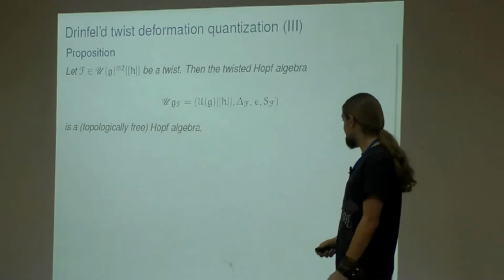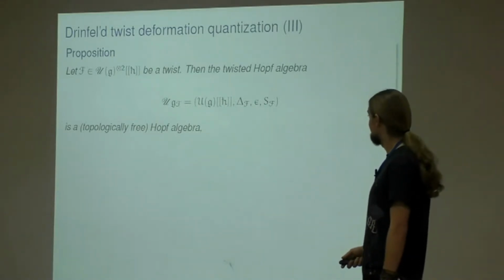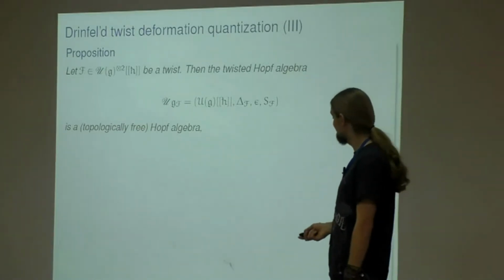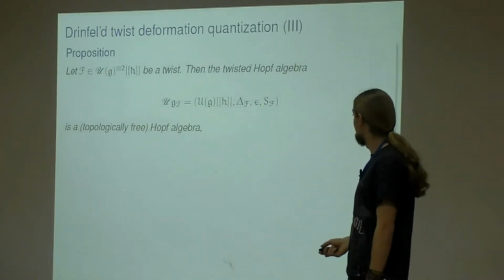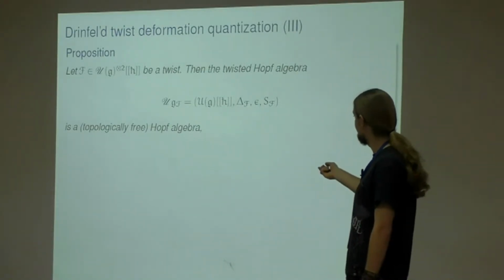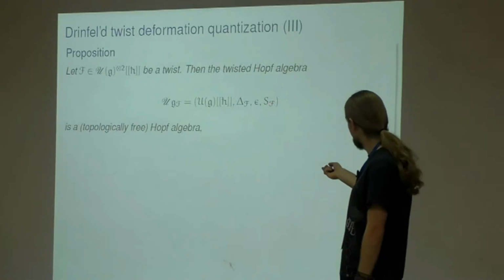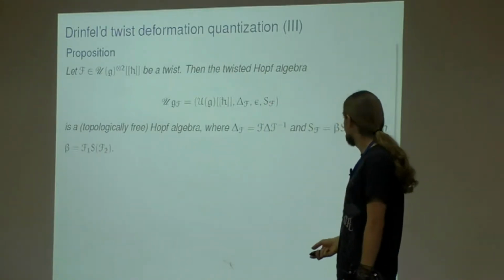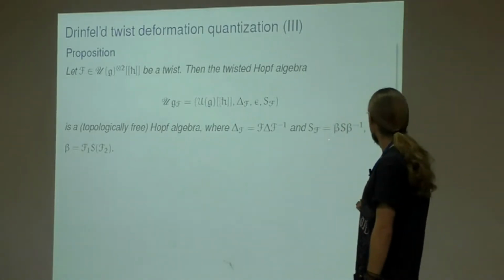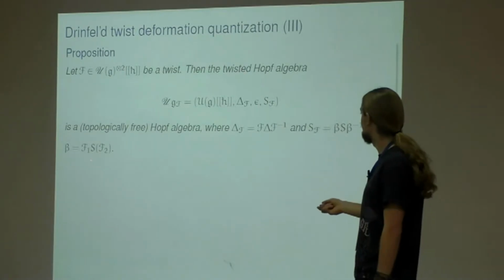So as an algebra, you simply take the h-bar linear extension of your universal enveloping algebra, but you twist the co-product and also the antipode. You keep the same co-unit, and this looks like the following. So the co-product is twisted in this way, and the antipode like this, where beta is this element.